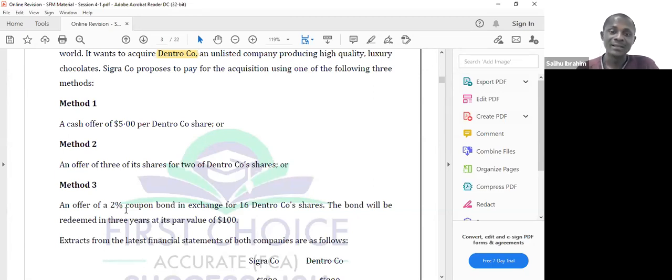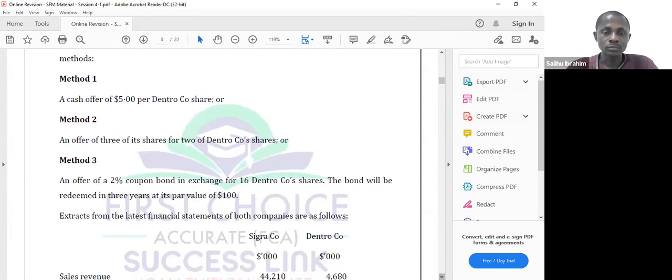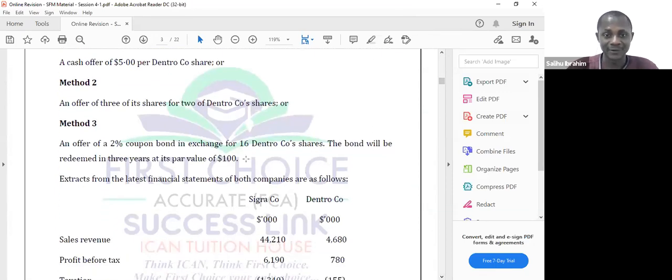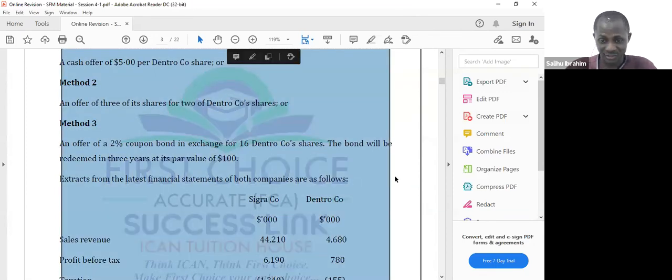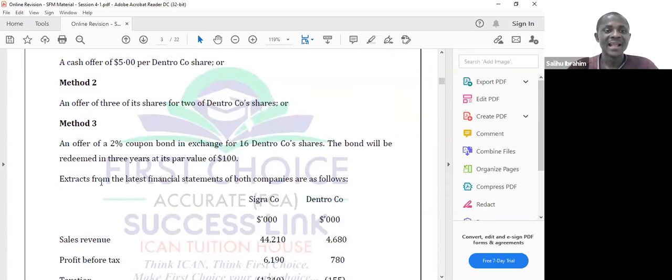Do you understand? The bond will be redeemed in 3 years at its par value of $100. That is the redemption value of the bond that we want to give to Dentroco.